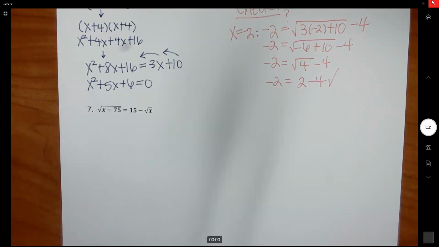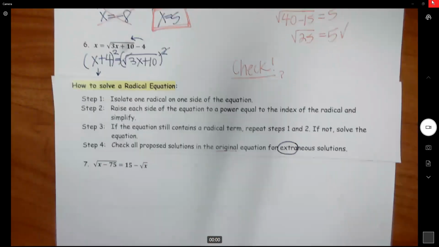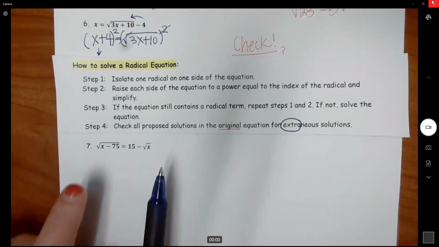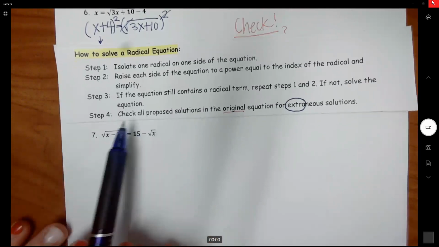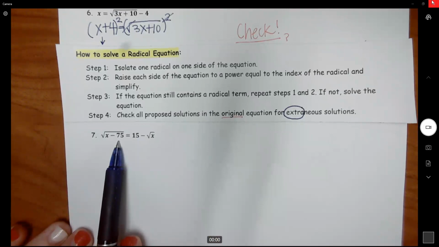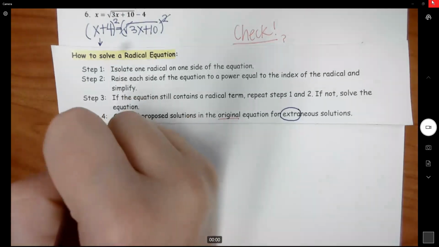So step 1 is to isolate one radical on one side of the equation. So this is what it means here. I've got two radicals, but I at least have one radical isolated to one side. So I can go ahead and go to step 2 and square both sides.